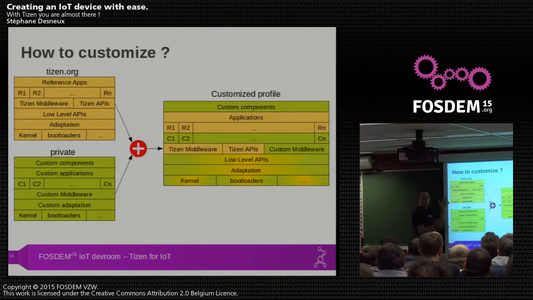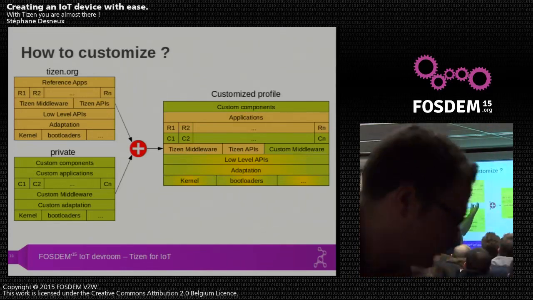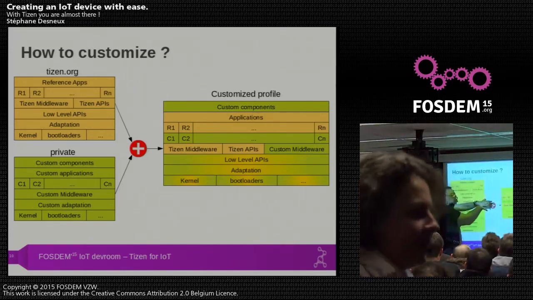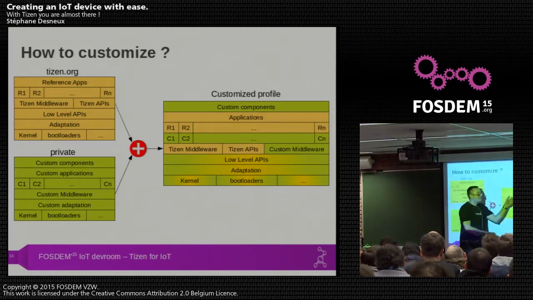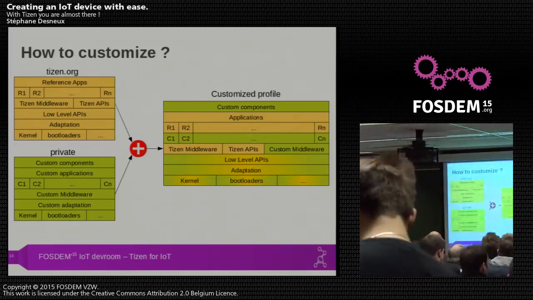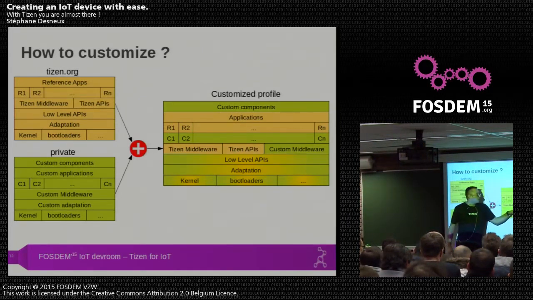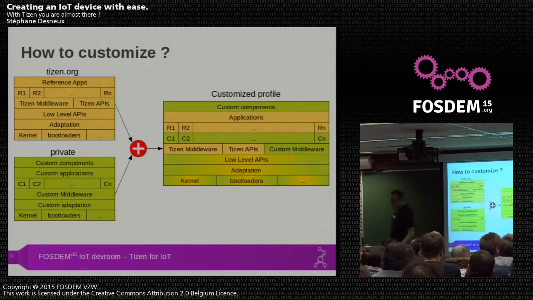And depending on the build system, you'll have to glue the way that both layers can merge, and you'll get some specific private version of your Tizen. The idea is simply to integrate your specific hardware, for example, your kernel, your bootloader, depending on your platform, etc. If you have a specific API for something, just put it here, or perhaps here, I don't know.